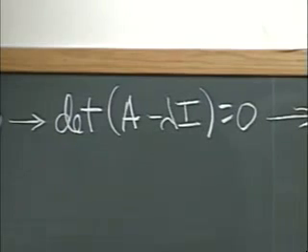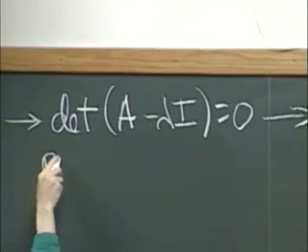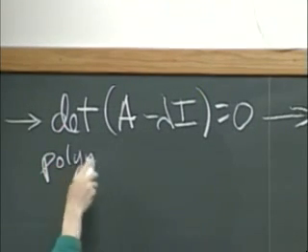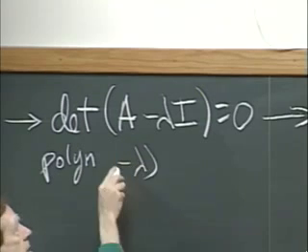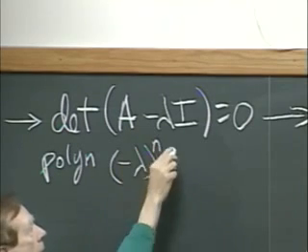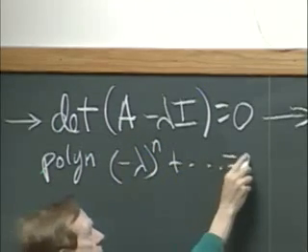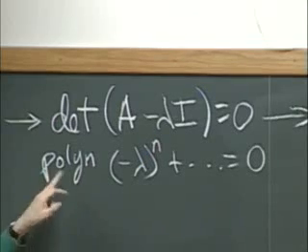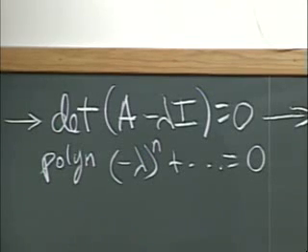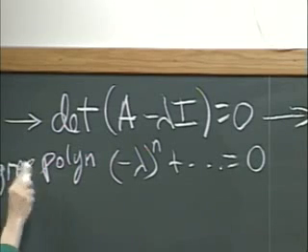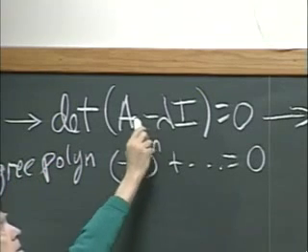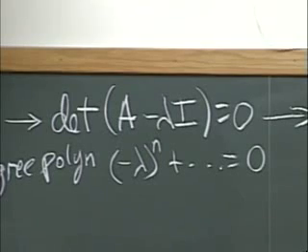This determinant is a polynomial. It starts out with minus lambda to the nth power and other terms equaling 0. In other words, it's an nth degree polynomial, where n is the size of the matrix. You see what that determinant looks like? It has minus lambdas down the diagonal.